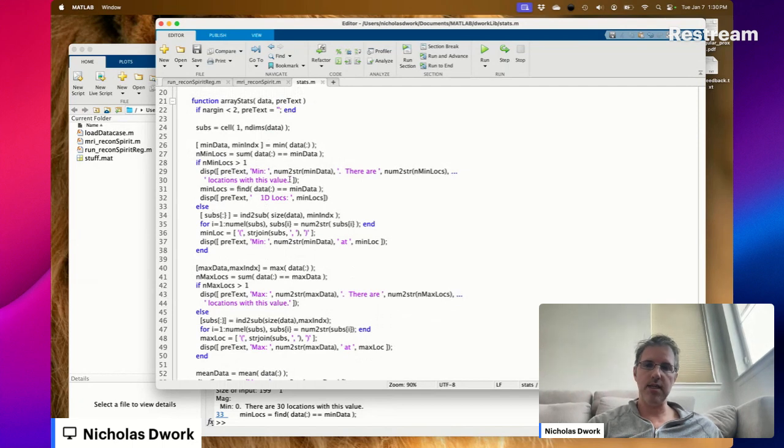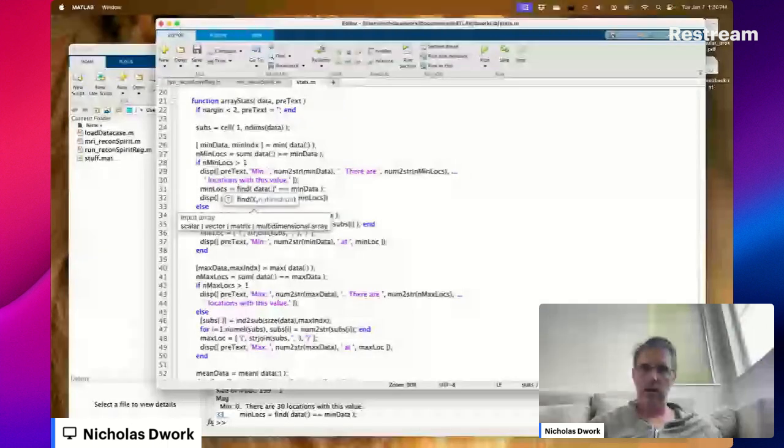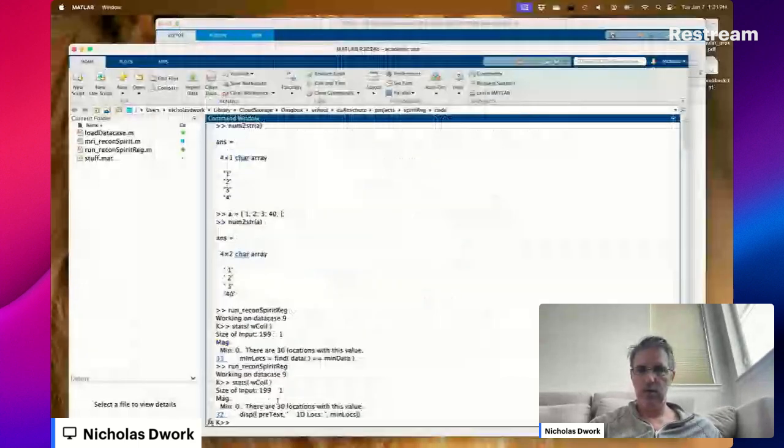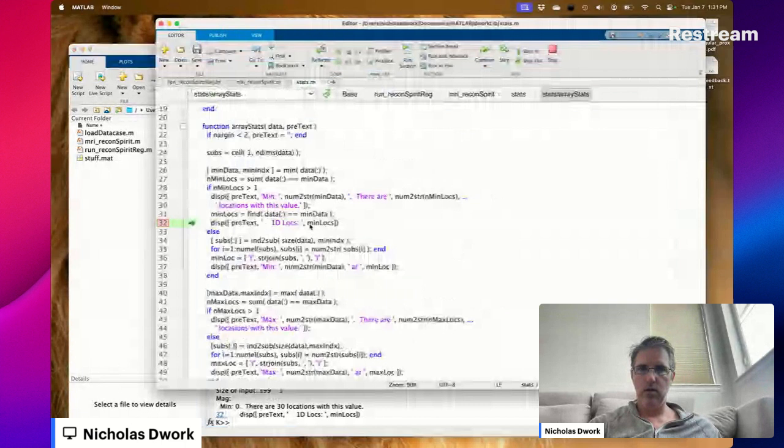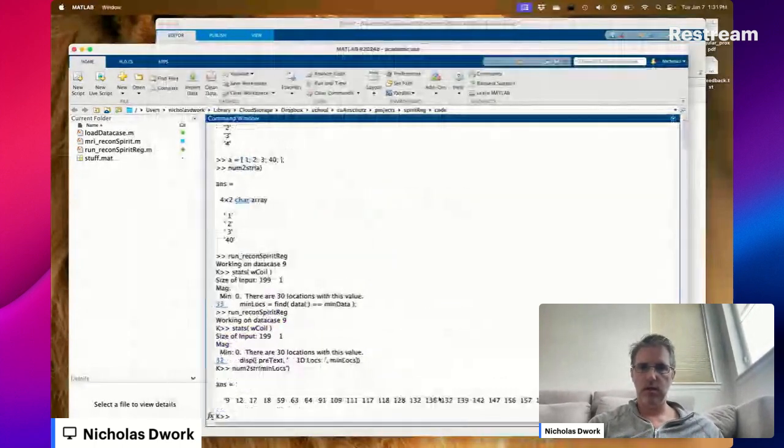Now, at least I just want to see the indices. I want at least the 1D locations. So here I'm going to put numDoString in locs. That's going to give me the string that I wanted.